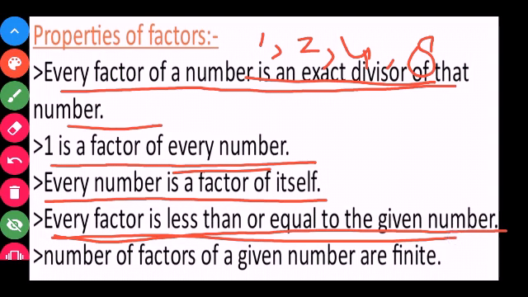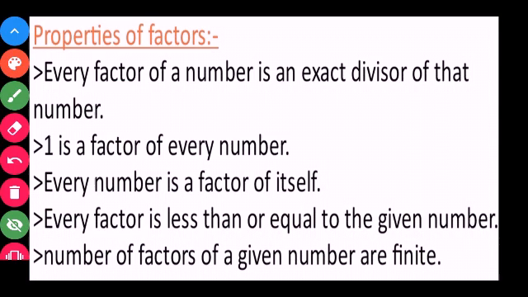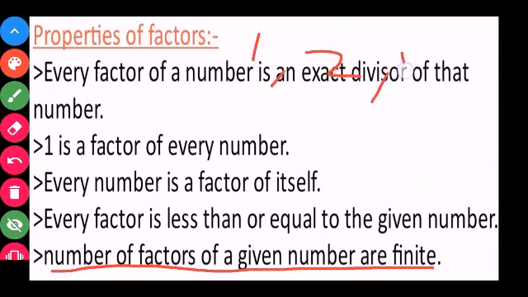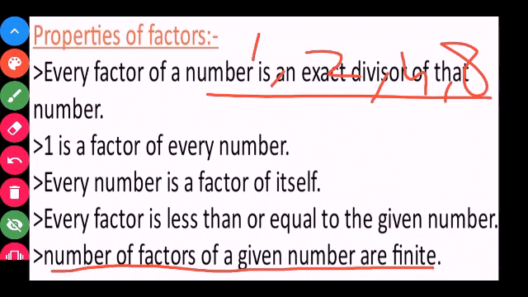Next, the number of factors of a given number is finite. Here the factors of 8 are 1, 2, 4 and 8, so it is finite. That's why we can say the number of factors of a given number is always finite.